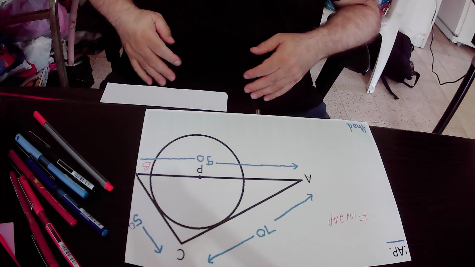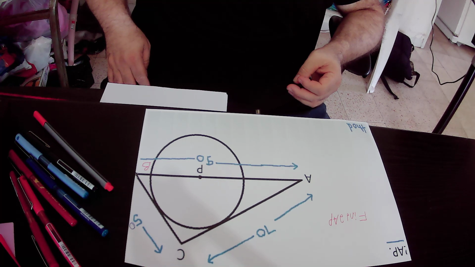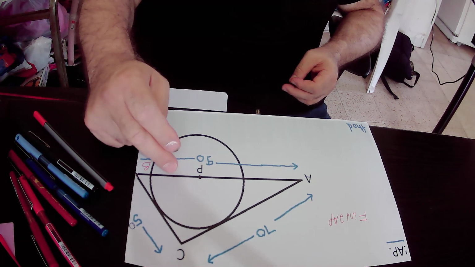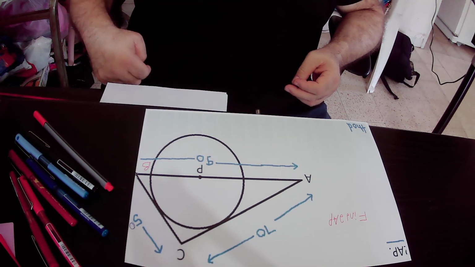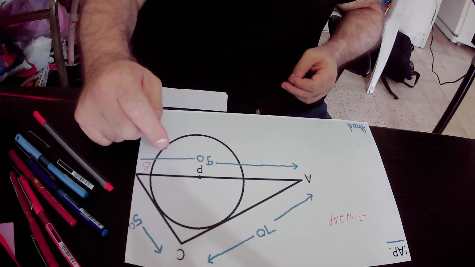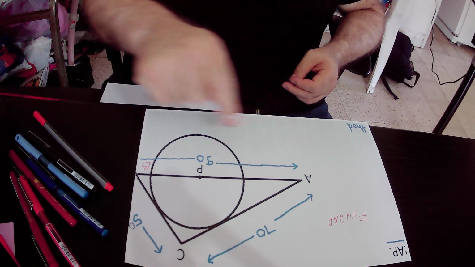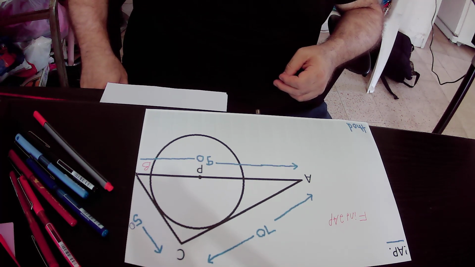We have a circle, and the center of this circle is point P, and point P is also situated inside AB of the triangle.